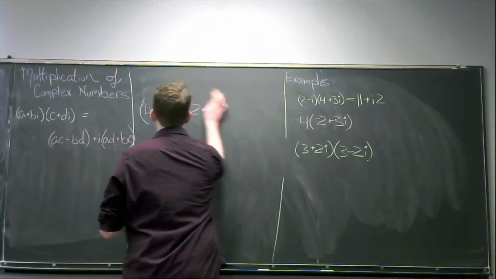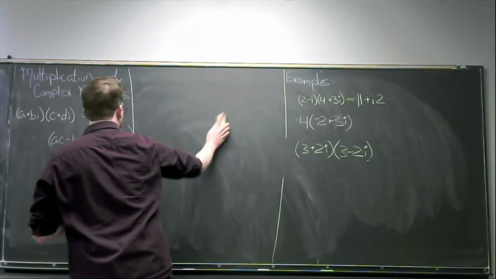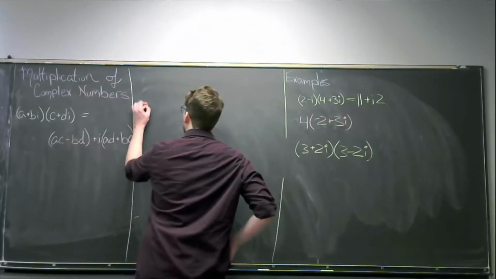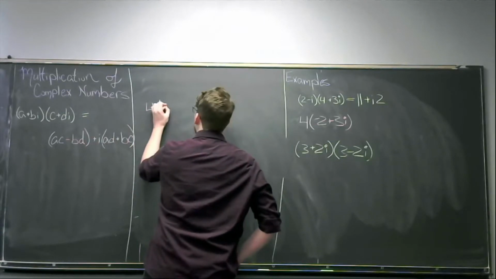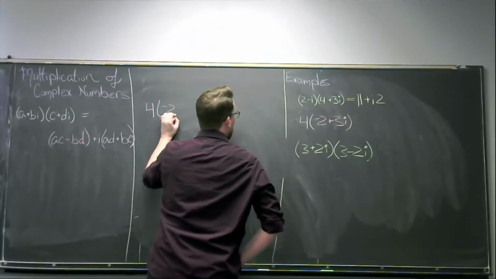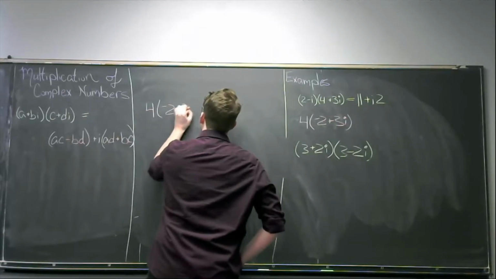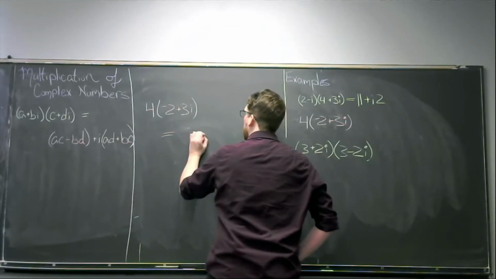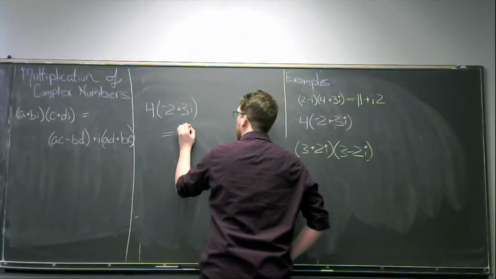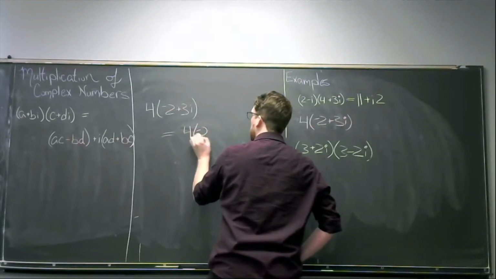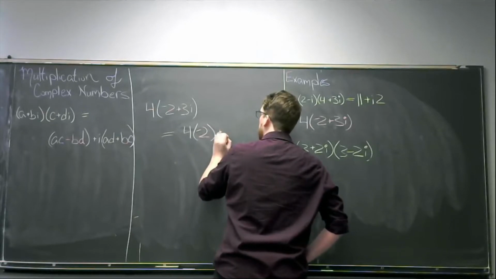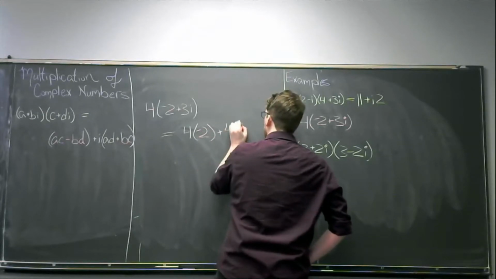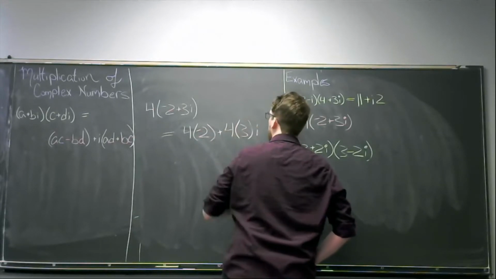Let's do that. 4 times the complex number -2 plus 3i is going to be equal to 4 times -2 plus 4 times 3i.